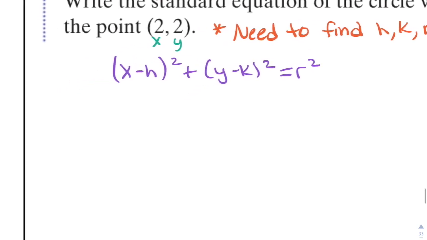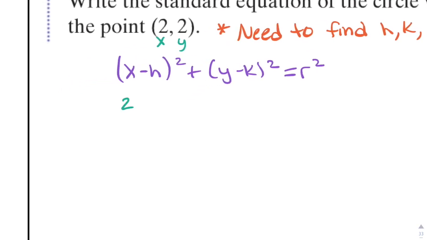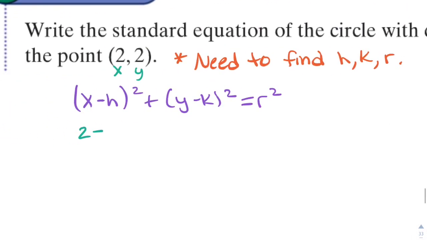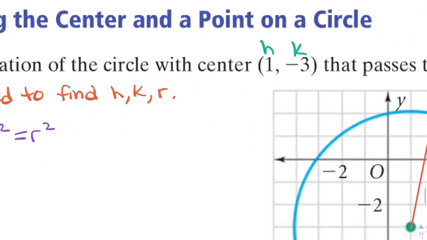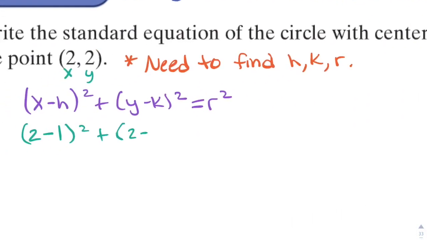So I'm just going to evaluate it as 2 minus 1 squared plus y is 2 minus negative 3. So 2 minus negative 3 squared equals r squared.